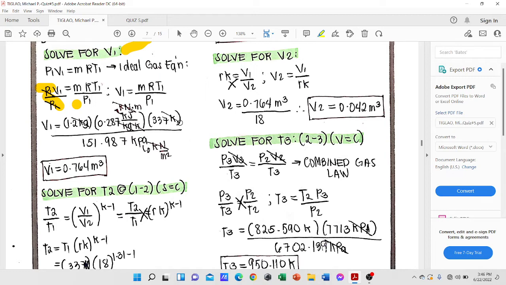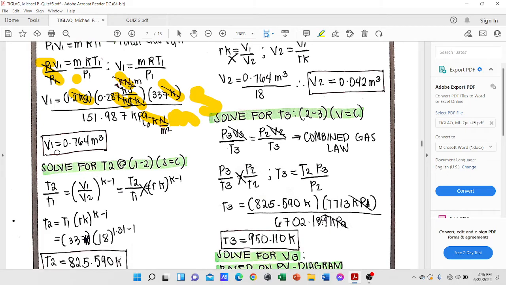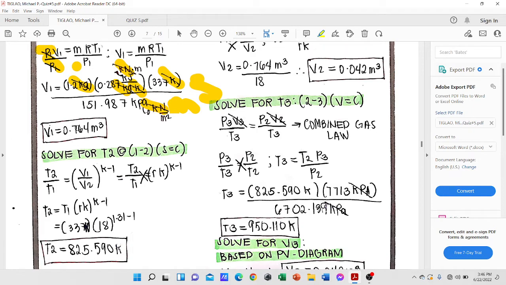For unit analysis, Kelvin cancels and kilogram cancels. The kilojoule is equal to kilonewton meter, and the kilopascal is equal to kilonewton over meter squared. So the kilonewton cancels, and the remaining unit is cubic meter. Therefore, our volume 1 is equal to 0.764 cubic meter. So we have obtained volume 1.